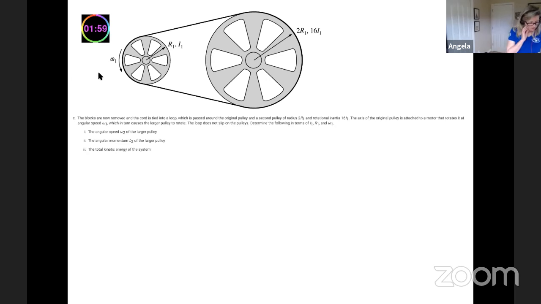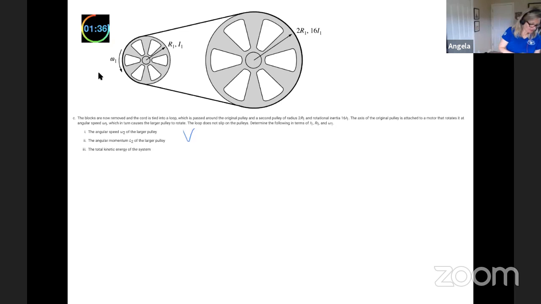Okay, I forgot the timer, so I'm estimating that was a minute. Angular speed of the larger pulley. Here's what we know. There's a belt that goes around this system. In order to not snap or get slack, every part of the belt has to be moving with the same tangential speed.